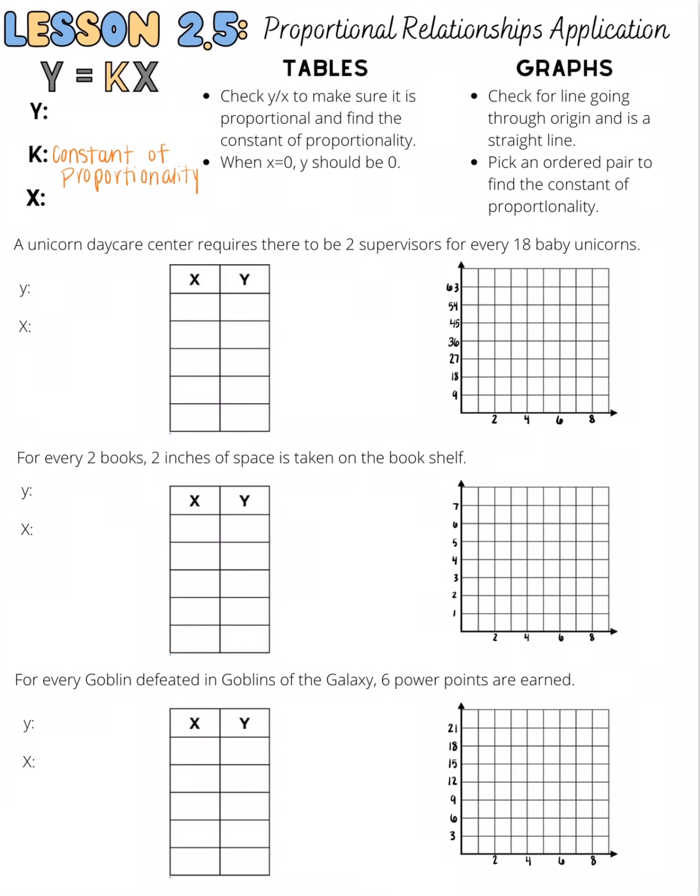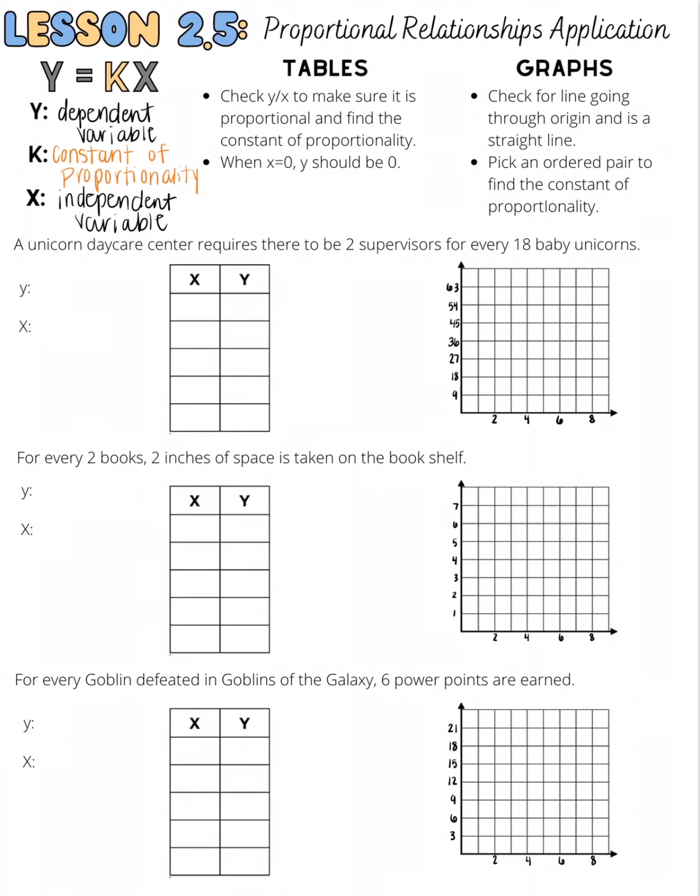Your y value is always your dependent variable, and your x value is always your independent variable. So x is your independent variable, y is your dependent variable, and k is your constant of proportionality.